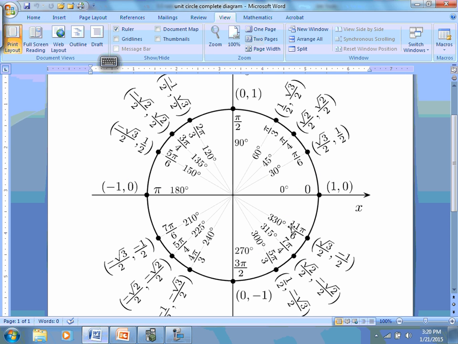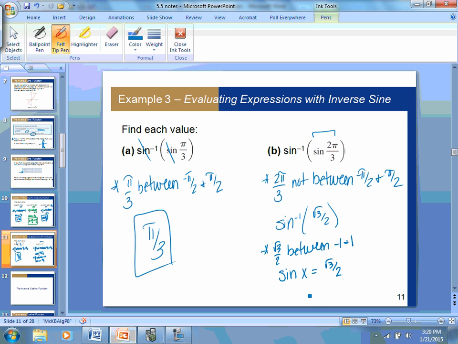I need a sine value that's square root 3 over 2. Again, remember, sine is the y values, so all of these down here are negative. So I'm going to go up here to my first quadrant, and the y value that's square root 3 over 2 is right here. And that corresponds to pi over 3. So my x value is pi over 3.